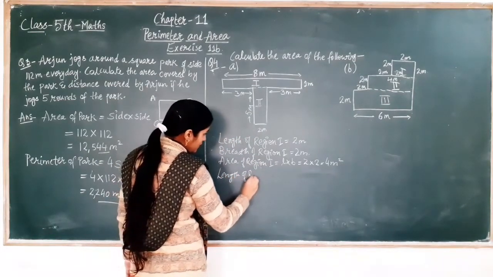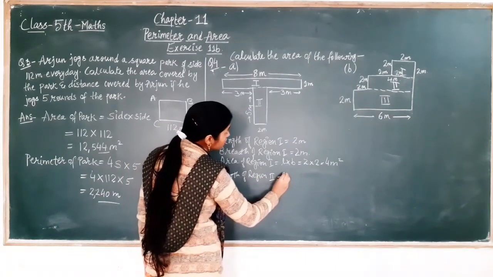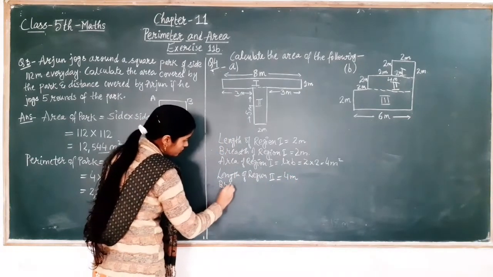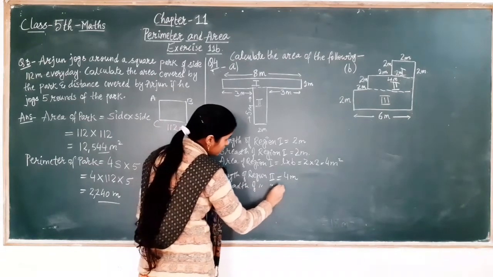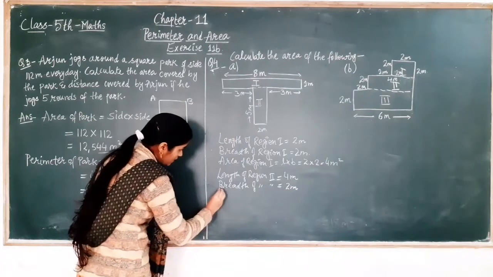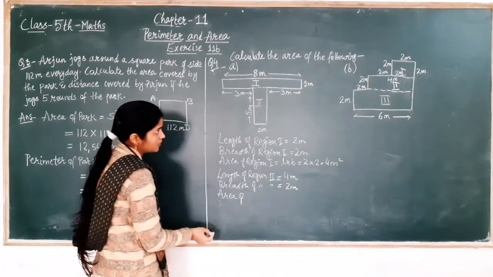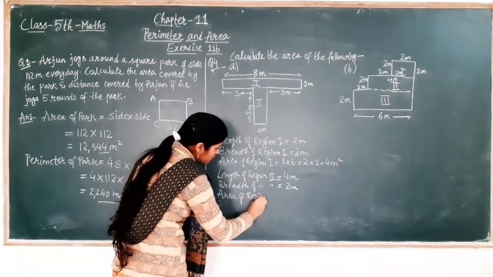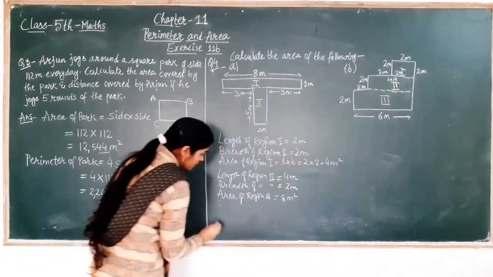So length of region 2 is equal to 4 meters and breadth is equal to 2 meters. So area of region second is equal to 8 meters square.